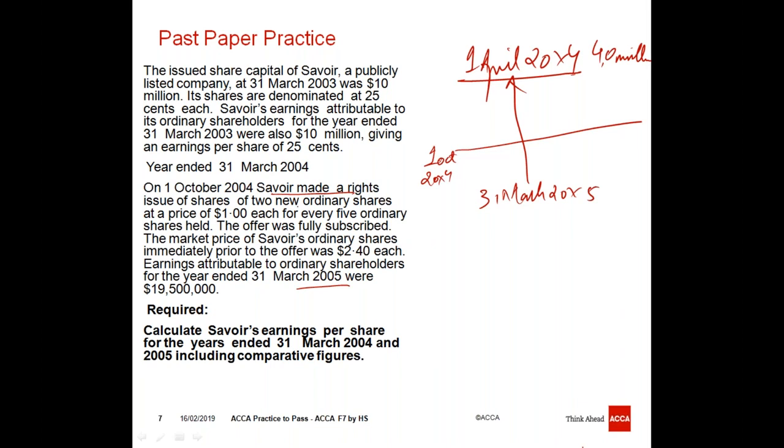It issued a right of two new shares for every 5 shares held. The two new shares were issued at a discounted price of 1, but the market price of each share is 2.4. So the price of 2 shares is 2, and the price of 5 shares at 2.4 will be 12.